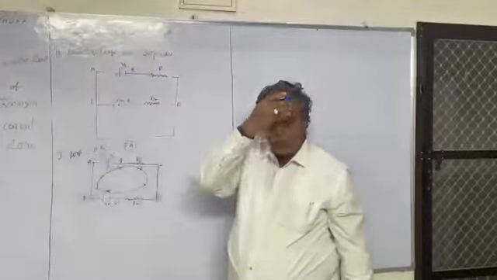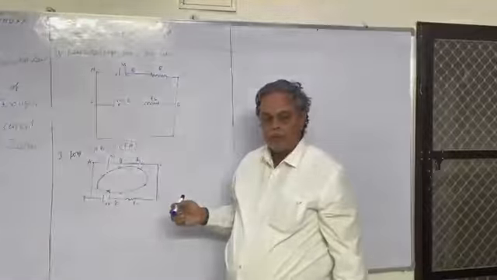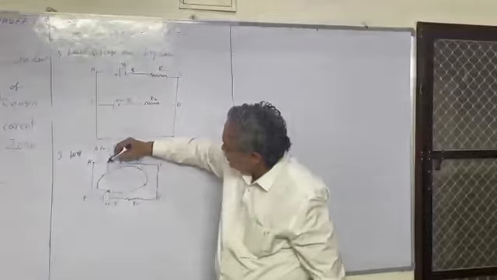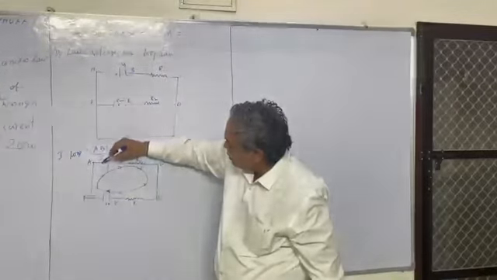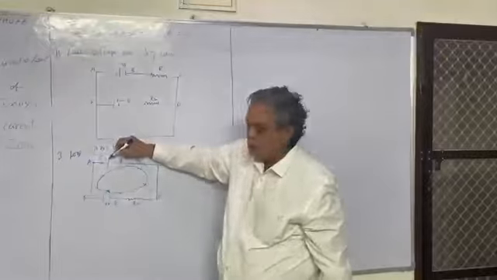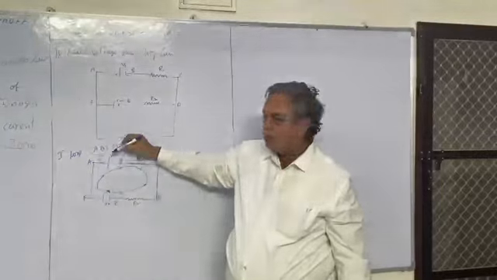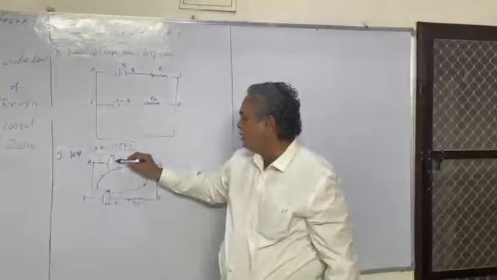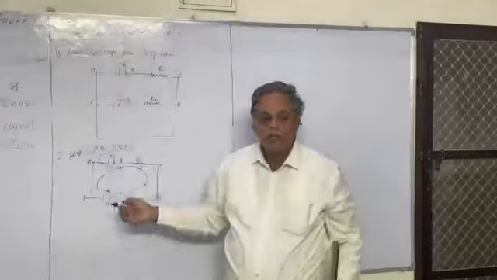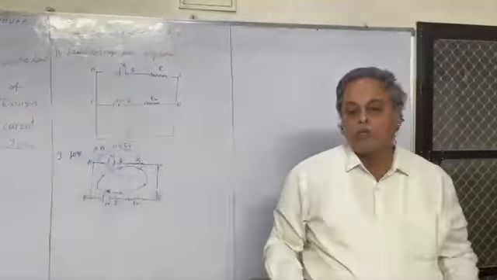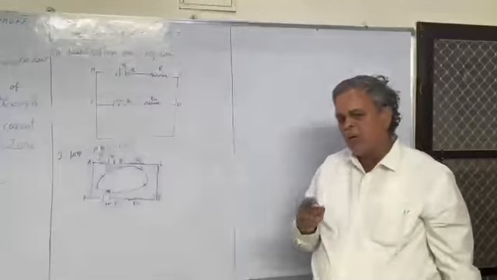Left side. This is I. What is this here? I. E. What is this here? E, positive to negative. Don't talk.